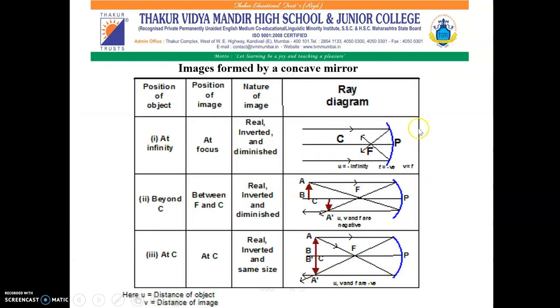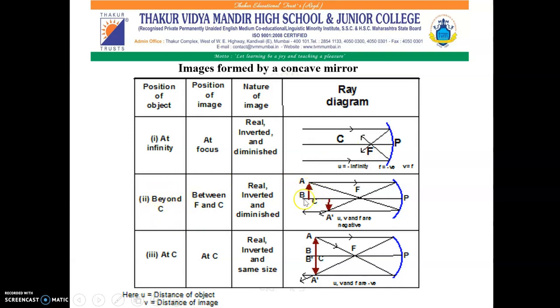You can see in this table the positions of the object are different in different cases, and so is the position of image and the nature of image as well. If the object is at infinity, then the image will be formed at the focus and it will be real, inverted and highly diminished.